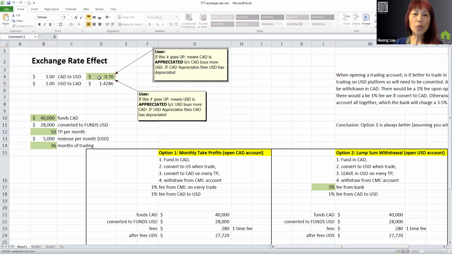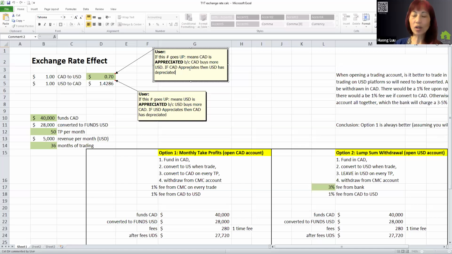So I put a couple of notes here so that you could follow along with my thought process. If the $1 Canadian to the US dollar, if the US value goes up, so if the 70 cents goes up to, let's say, 80 cents or 90 cents, then that means the Canadian dollar has appreciated because the Canadian dollar can buy more US. Okay.